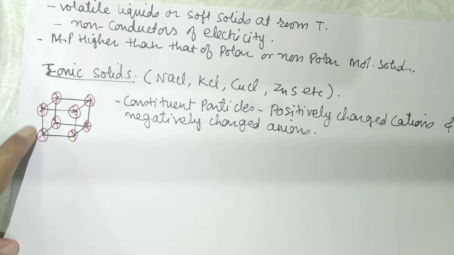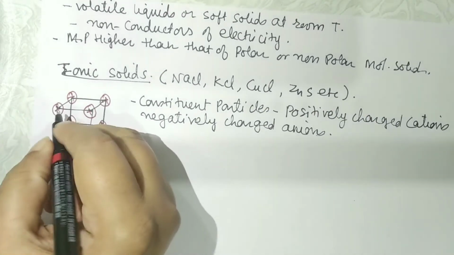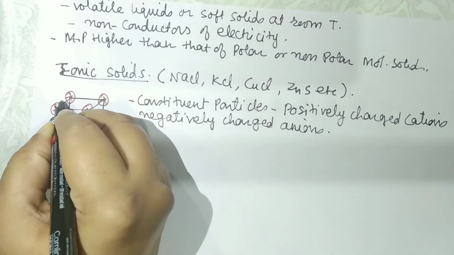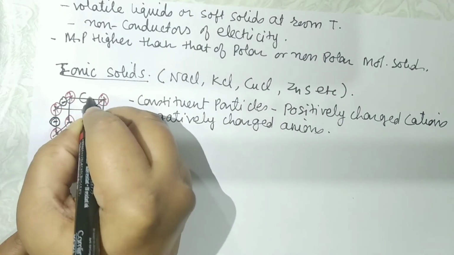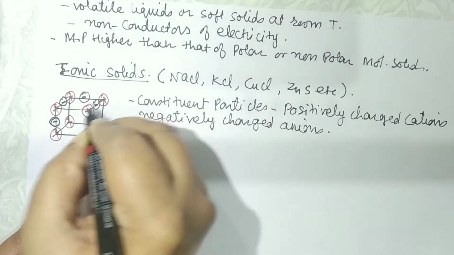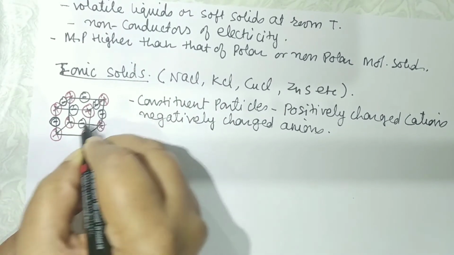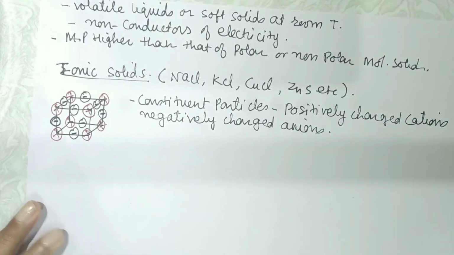So the anions are present between the cations. This is the position of the cations. This is a three-dimensional structure. So you have this type of crystal structure. If you see, you have cation, anion, this type of arrangement.